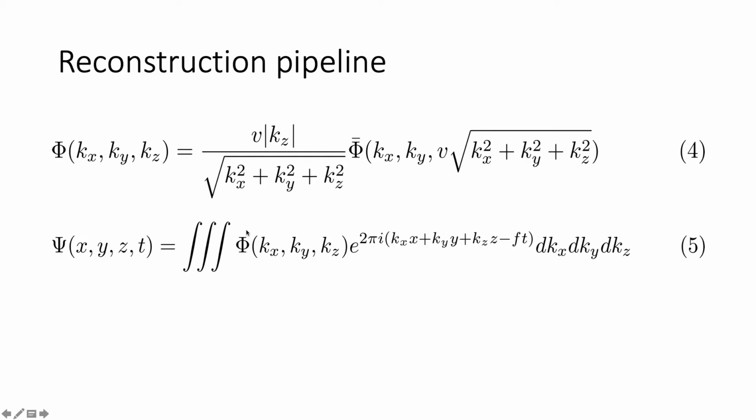Finally, we take the inverse 3D FT of the interpolated spectrum phi, shown as equation 5. Now, we briefly deduce equation 5, and for the detailed derivation of other expressions, you can refer to the supplementary materials.